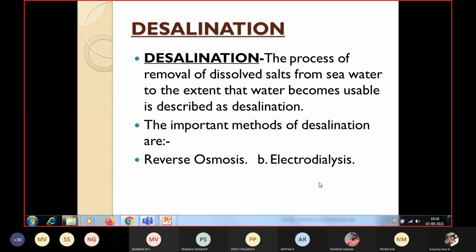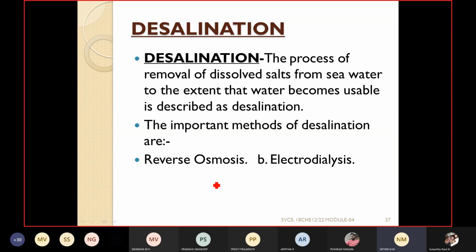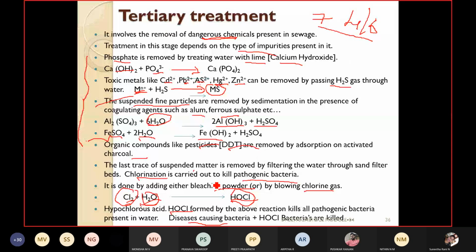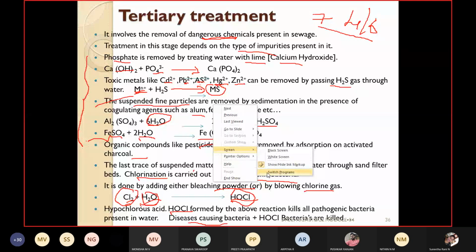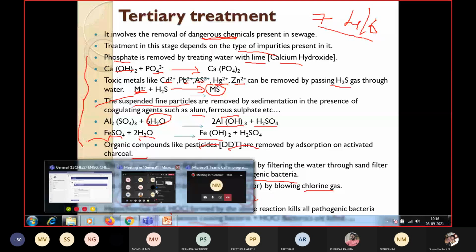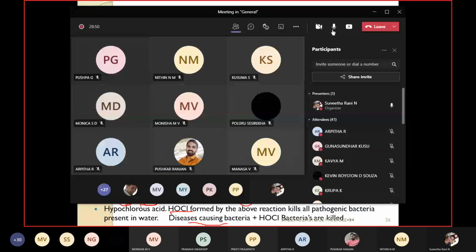Okay, this was clear up to tertiary treatment. Any clarification you require in this? Do you want any repetition, students? No, ma'am.